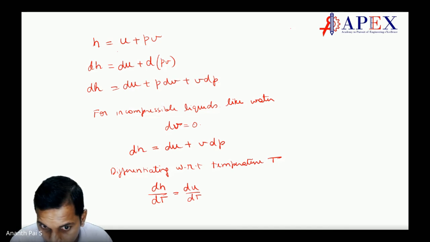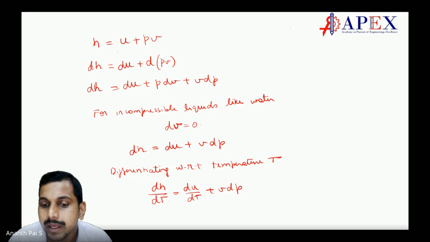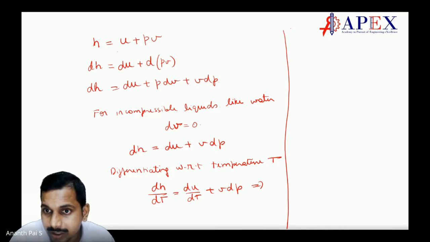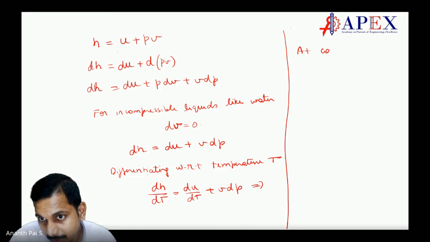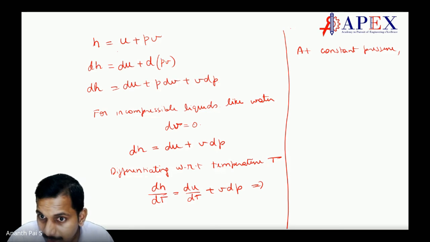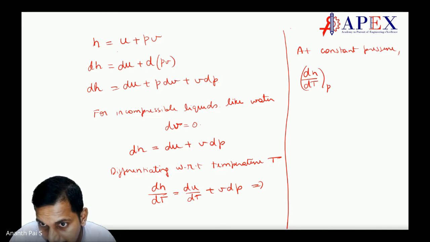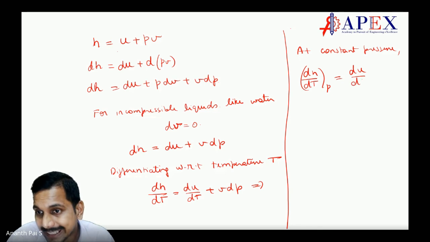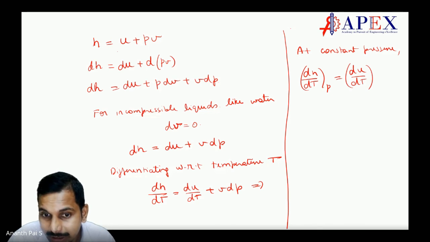So at constant pressure, dH by dT at constant pressure is equal to dU by dT at constant, what is this?